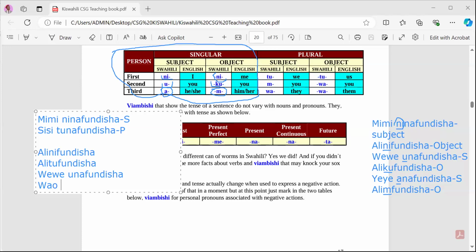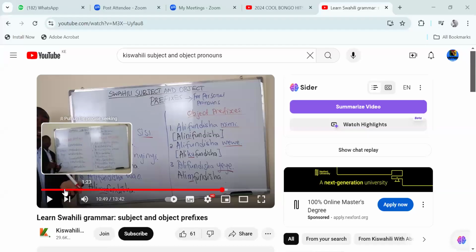No. The second person pronoun in plural is nyinyi. If you check it clearly, it takes you back to the chart, which shows you the plural aspect of it, so that you don't get lost in this. This was here. Let me take you here.